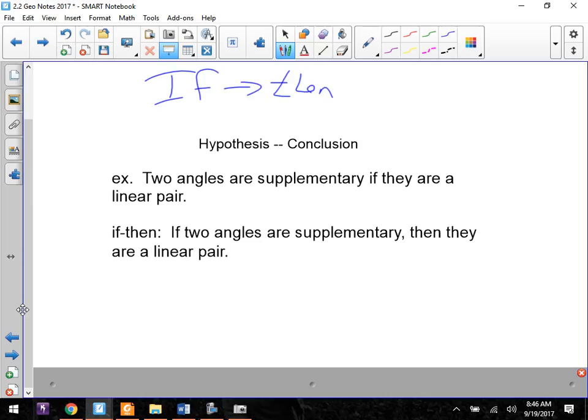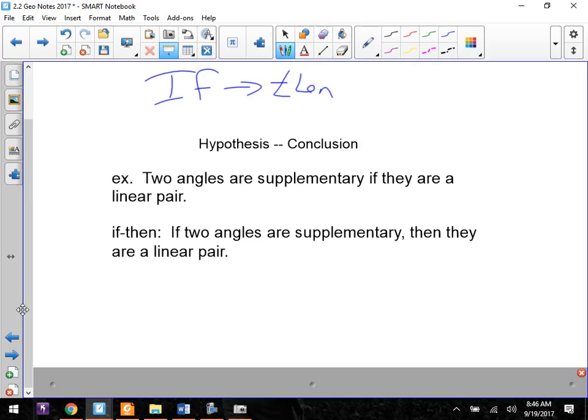We can say that they are true or false, and we can show that they are false by giving what's called a counterexample. Now, this example here, where we have if two angles are supplementary, then they are a linear pair.